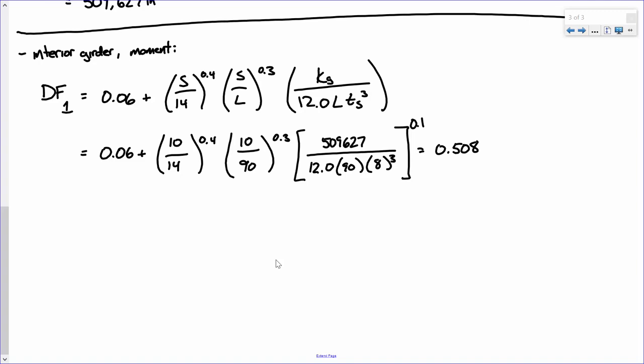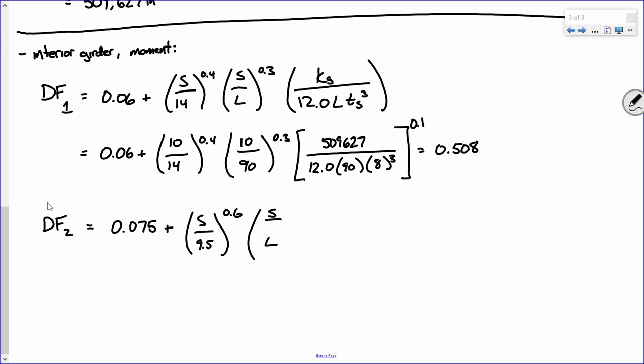Okay, now for multiple lanes loaded, let's see if I can remember this one. The equation is very similar, only this becomes 0.75, this becomes 9.5, that's 0.6, and that is 0.2.